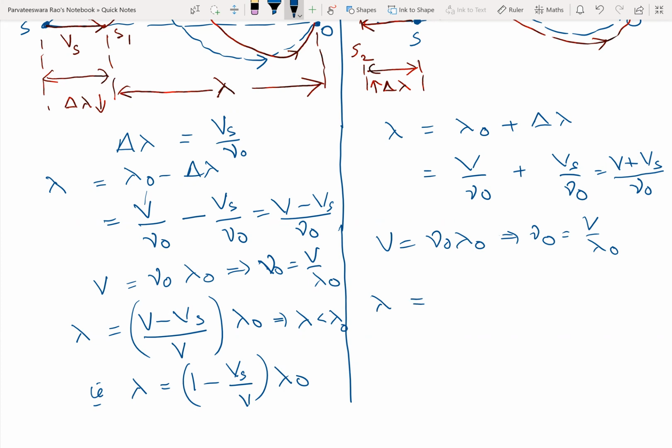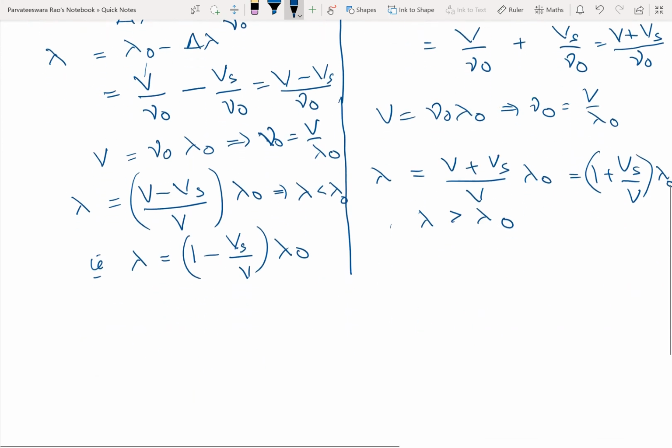Therefore, the wavelength becomes V plus Vs by V by lambda naught, or 1 plus Vs by V into lambda naught. So here lambda is increasing. So we got the expression for wavelength now.